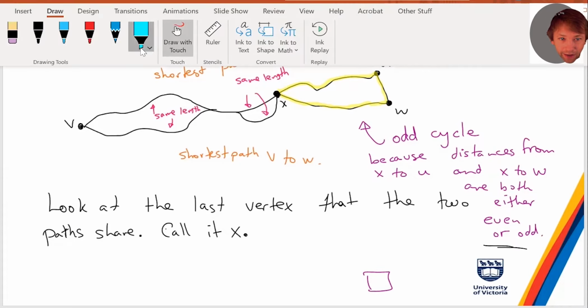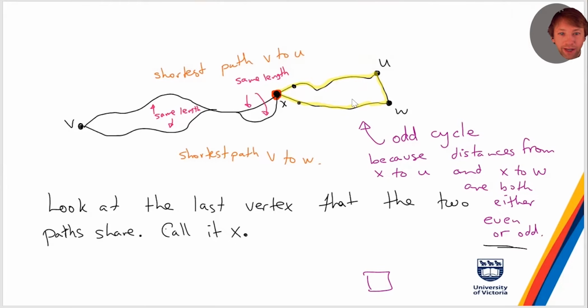It's either blue or red. And then the next vertex on this path would have to be blue, the next would have to be red, and so on and so forth. And these things have the same color. So the number of vertices here, if it's even, this one has to be even, and if that one's odd, then this one has to be odd. Okay. So hopefully that's fairly clear.